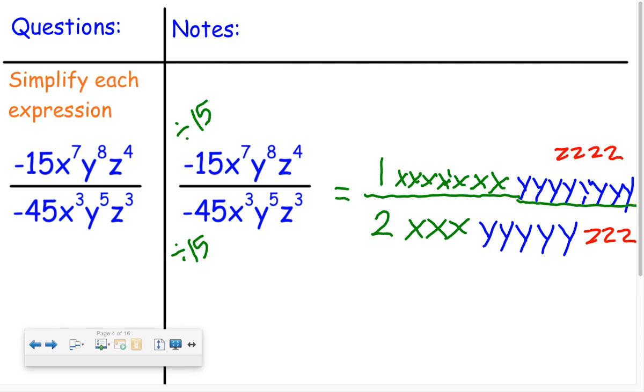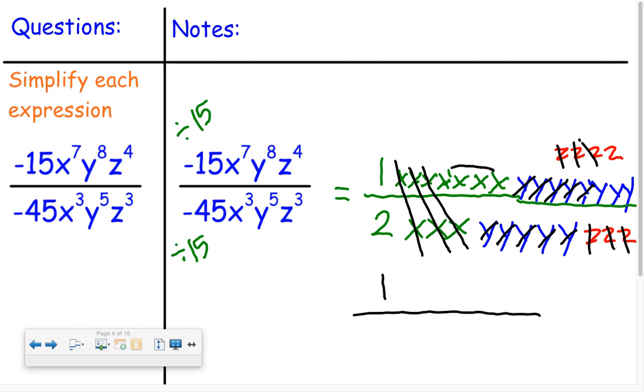So I'll start canceling. All right, so on the top, I'm left with 1, 4 x's, 3 y's, and a z. And on the bottom, I'm left with just a 2. So my answer is 1 x to the 4th, y to the 3rd, z over 2.